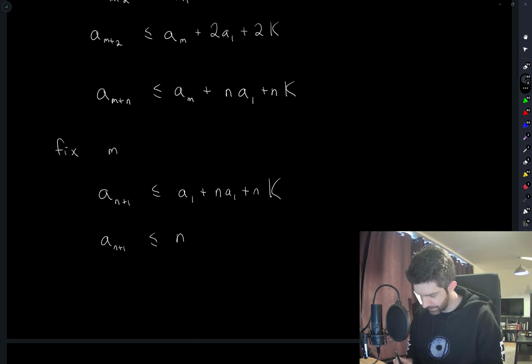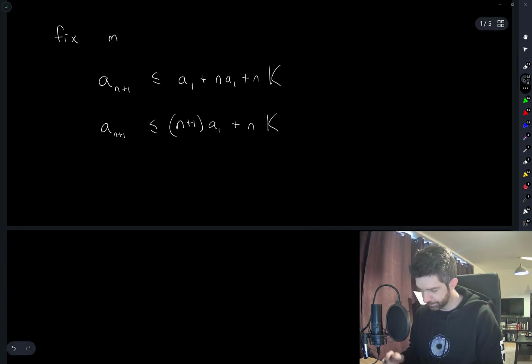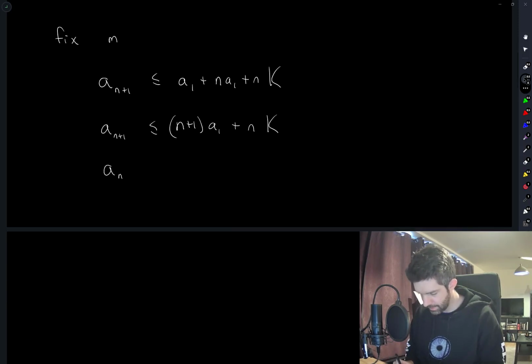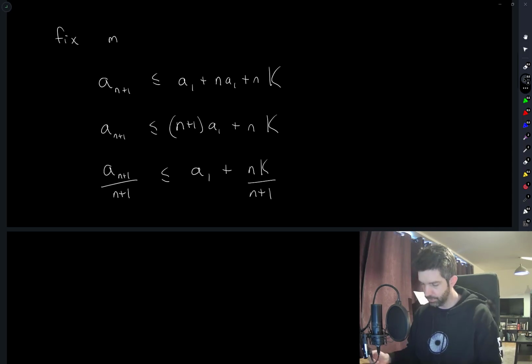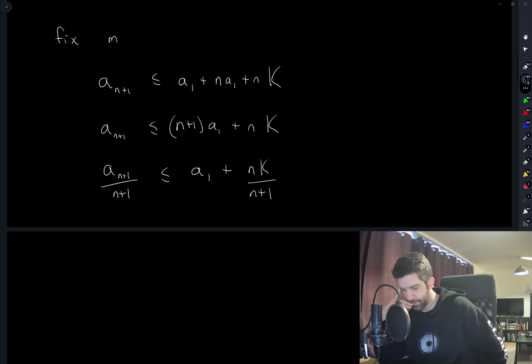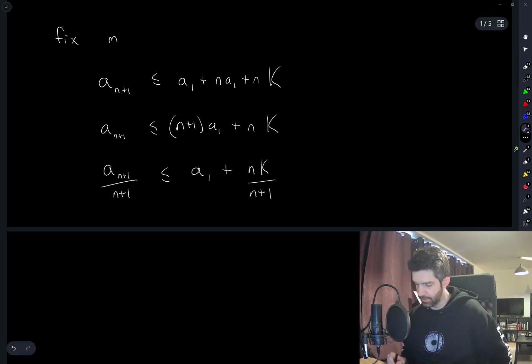So this is less than or equal to (n+1) a_1 plus n k. So a_{n+1} over n+1 is less than or equal to a_1 plus nk over n+1. Oh, this doesn't say it converges, right? This just shows that it puts a bound on the sequence, right?